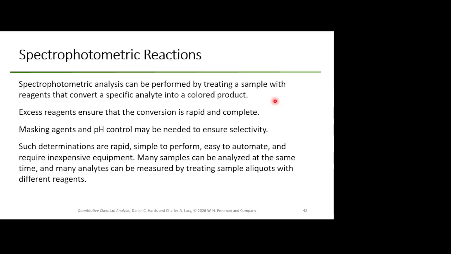Masking agents and pH control may be needed to ensure selectivity, because remember, multiple species may do this reaction. You've got to be very careful about that. And that's where those chelating agents came in that we talked about, and the different masking agents can come in. Also, pH control, so you have the correct species.